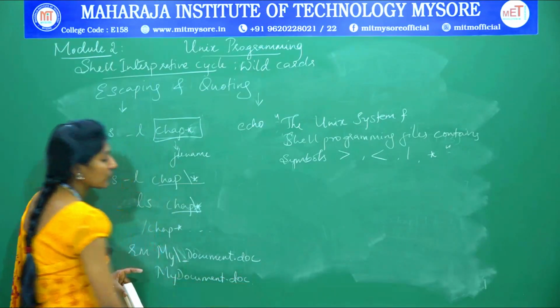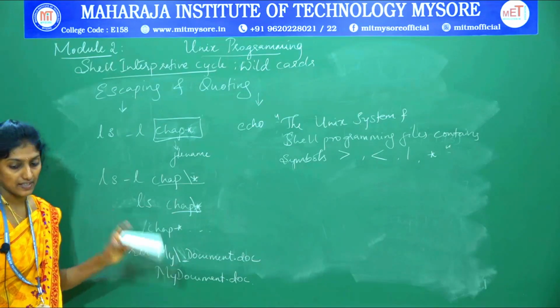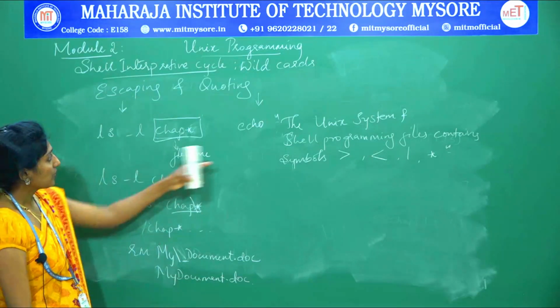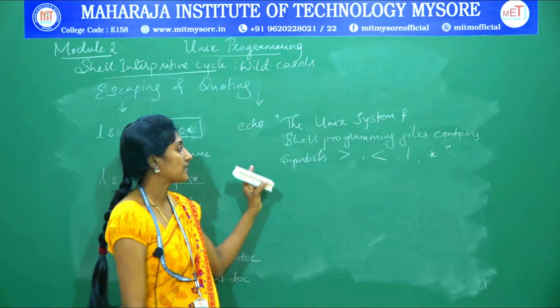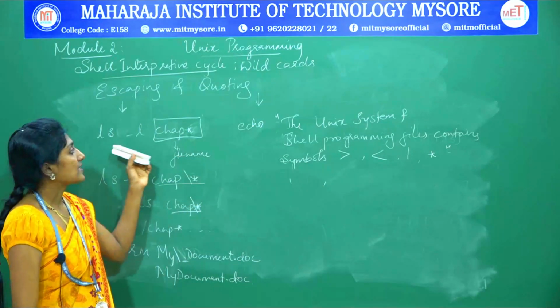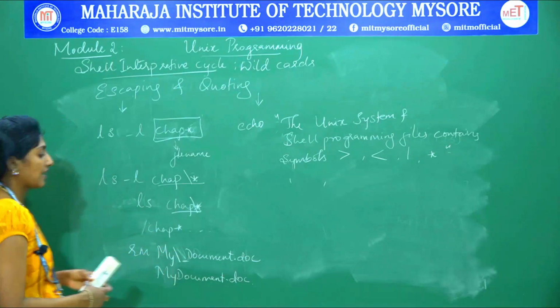So this is one more variation of using the escaping character, that is, escaping the space itself. Likewise, with the quoting, as I have already specified, one is with double quotes and the other is with single quote. Like this, you can use the escaping and quoting concept within the shell interpreter cycle.